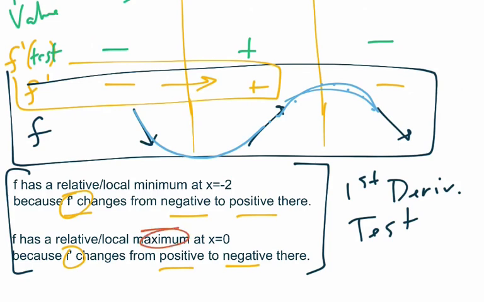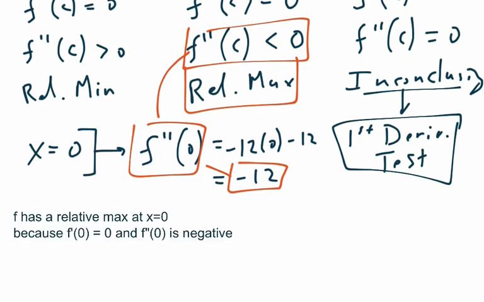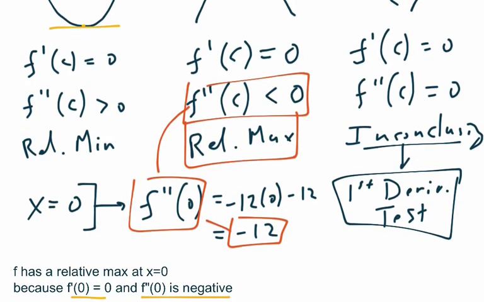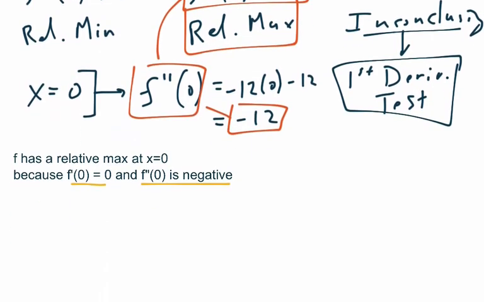Our sentence for this would be a little bit different, though. F has a relative max at x equals 0 because f prime of 0 is 0. That satisfies the critical point aspect, and then the second derivative test is that f double prime of 0 is negative, making f concave down, making 0 be a maximum because it's at the top.